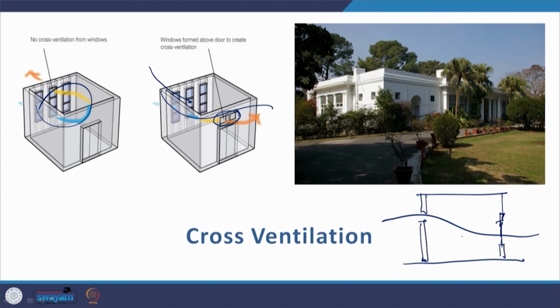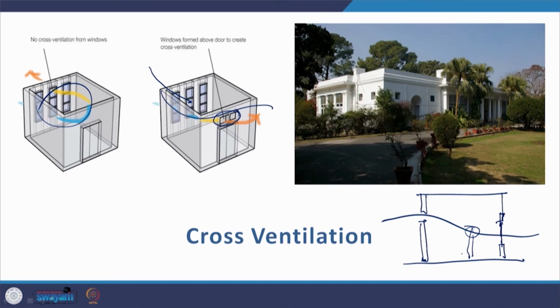If you are not able to provide a window on this side, then for a very large part, we are in a zone of human height, and the breeze flows through human height, and it's very comfortable for us. Of course, there are other attempts made to make this cross ventilation even more effective. Maybe later on we will look at those ideas, but this was an idea tried here in the bungalows.